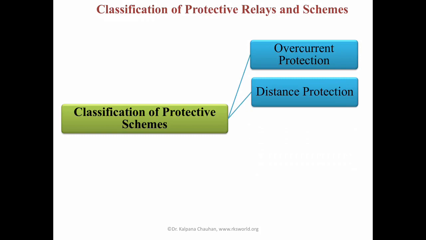A distance relay measures the distance between the relay location and the point of fault in terms of impedance, reactance or admittance, etc. The relay operates if the point of fault lies within the protected section of the line, which is called the zone of protection. There are various kinds of distance relays. Important types include impedance, reactance or MHO, or sometimes we call it an admittance relay.